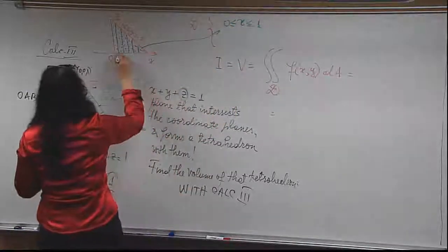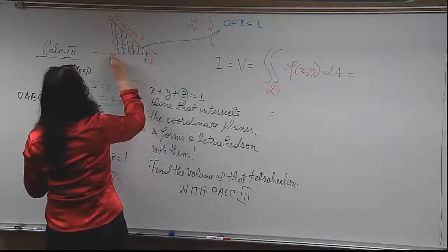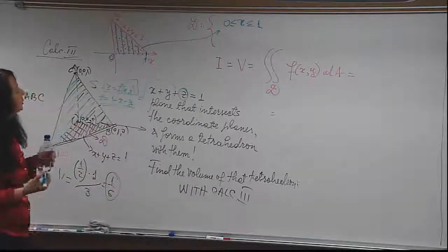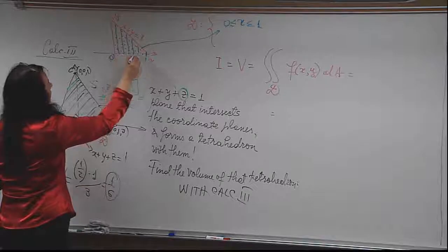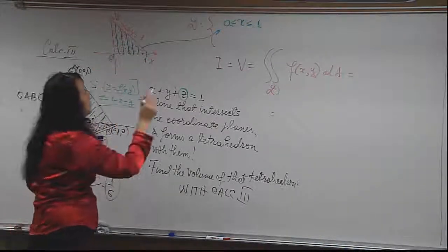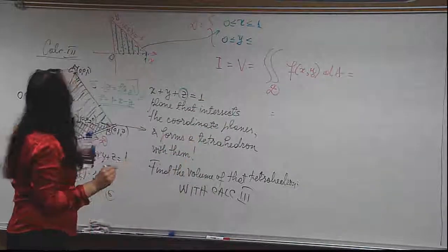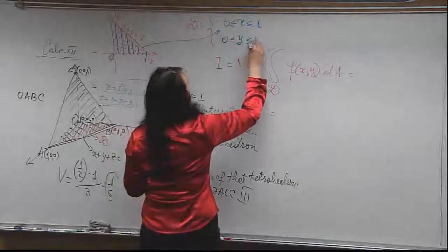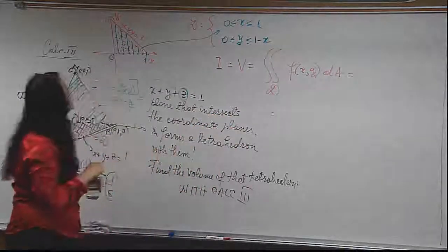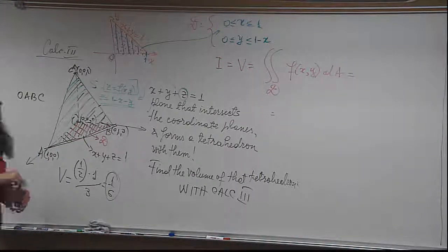These are fixed values of x between fixed values 0 and 1, right? For any such blue choice of a point, I have a vertical strip that goes from y equals 0 up to 1 minus x. Excellent, excellent. This is exactly, Roberto, you are the one who said it. Okay, so this is the domain.